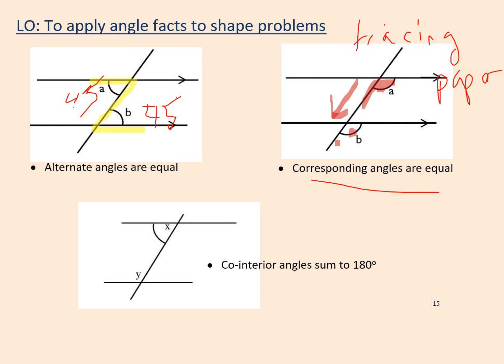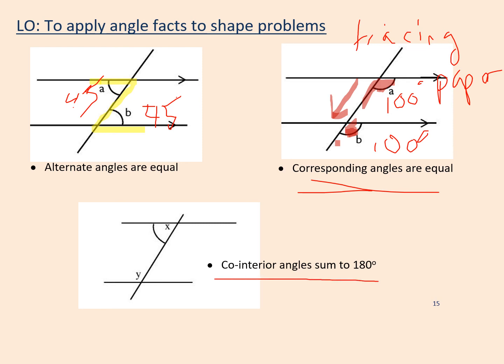So A and B are definitely corresponding angles. If A was 100, then B would be 100 degrees, both 100 degrees. You could say they look like they're in an F shape, but an F shape would not get you the mark in the exam. You have to say they're corresponding.